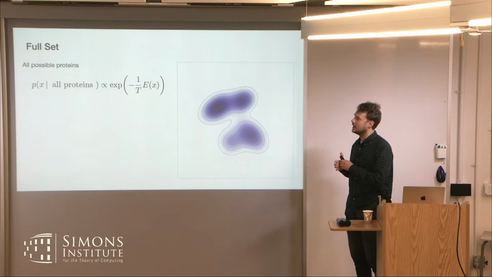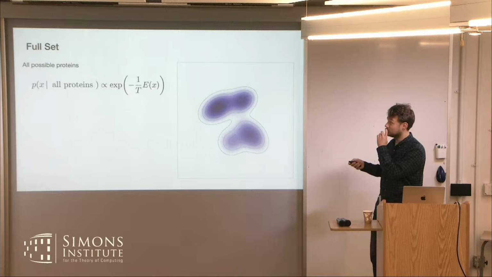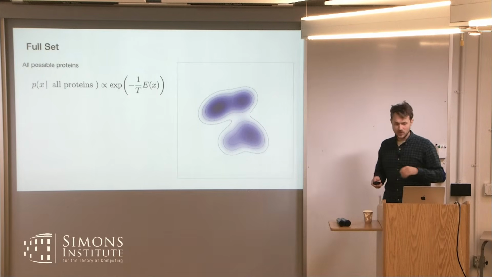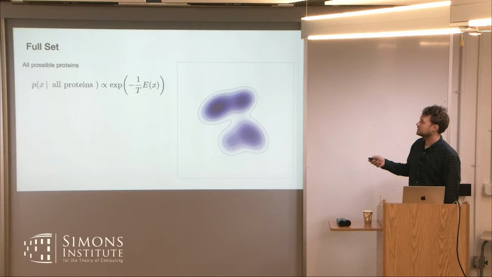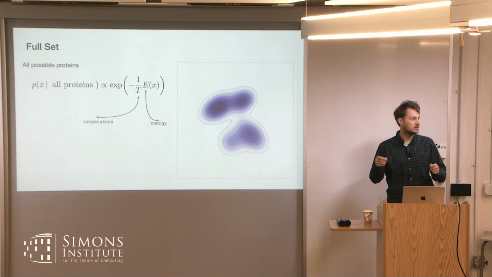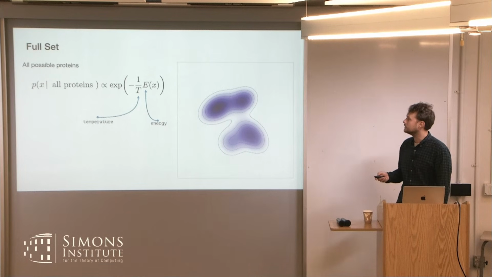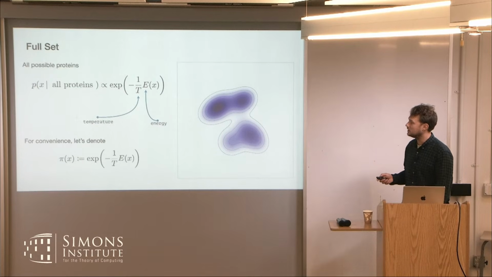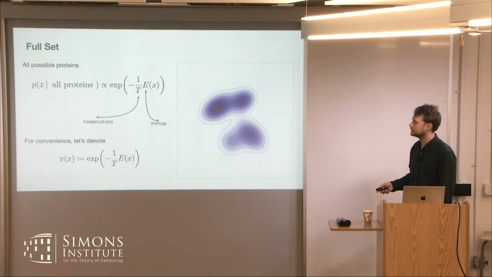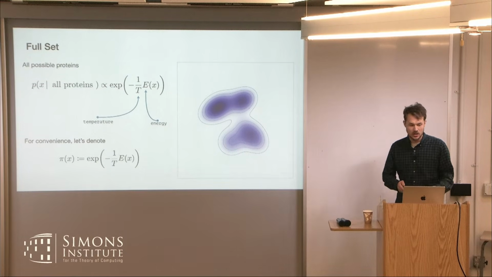The set of all possible protein states we can just describe as a Boltzmann distribution with some temperature T, some energy E, and it essentially gives a weight, or probability, to every state of our space. This is going to be the full set. We're going to denote it as pi of x, just for convenience, because we're going to use it a lot.